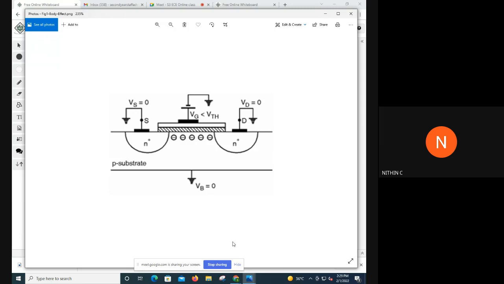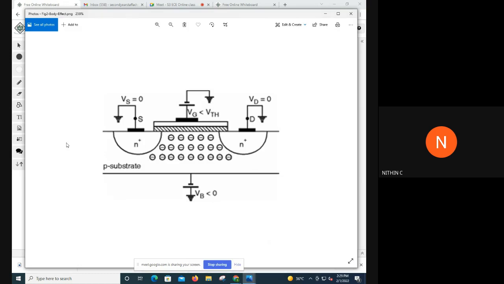Okay, so you can draw the second figure. This figure actually shows the effect of body effect. In this case, the body voltage, the potential at this terminal VB, is less than 0. As a result, the width of the depletion layer is increasing. So you can say the depletion layer has become much wider.